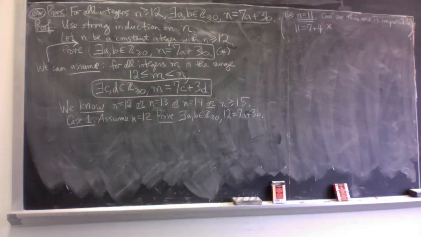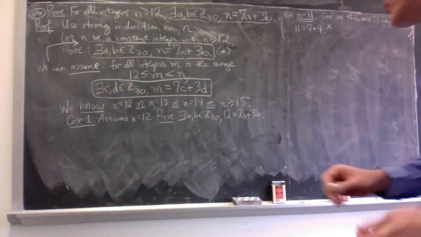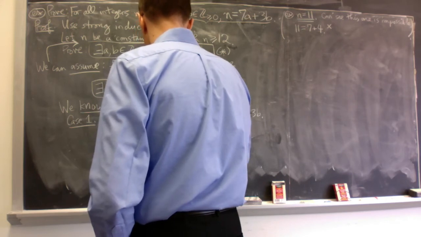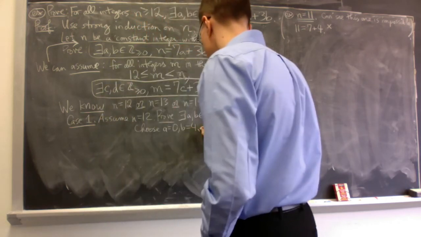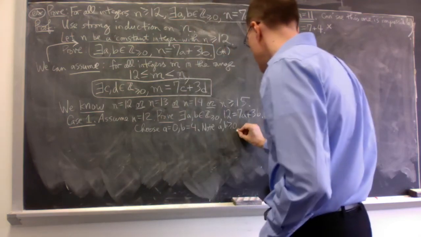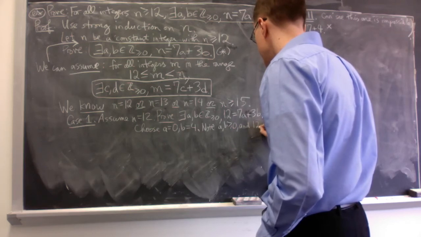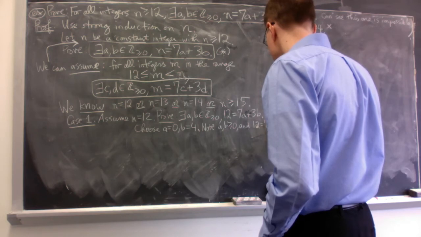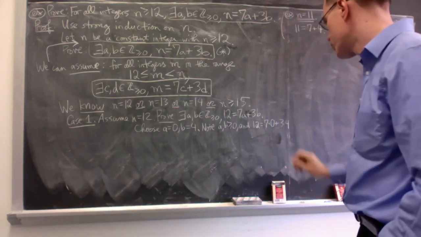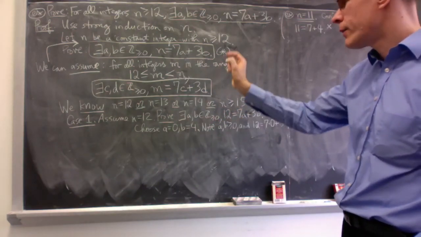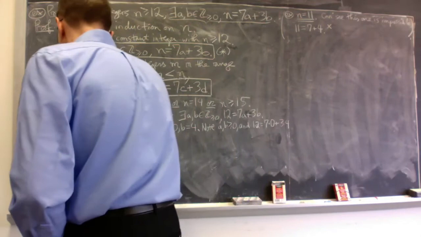You can just look at that and figure out pretty quickly that you can use a equals 0, b equals 4. These are greater than or equal to 0, and integers, of course, and it works, because 12 is equal to 7 times 0 plus 3 times 4. And 0 is allowed for these things. Just negative is not allowed.